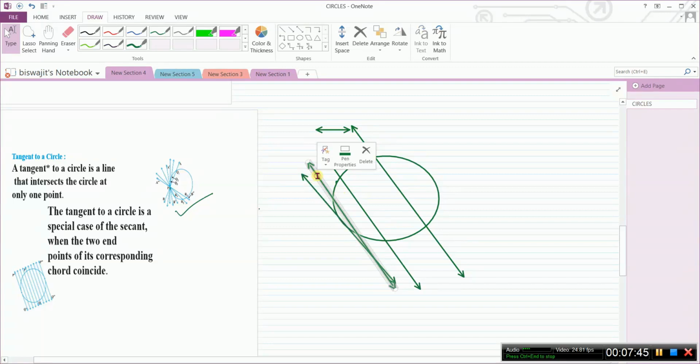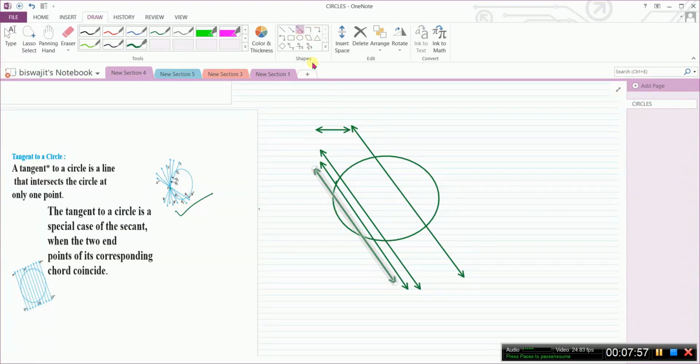You see, yes, students, that will be one more secant. Now the last we draw, that will be the parallel one, and it intersects at only one point.